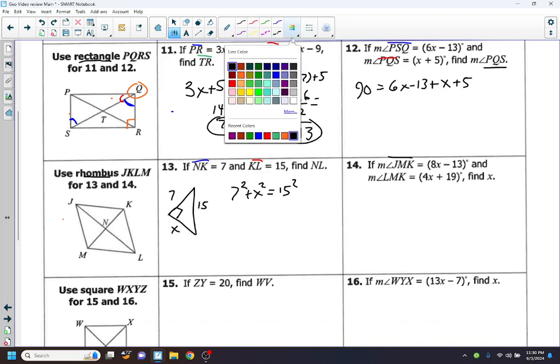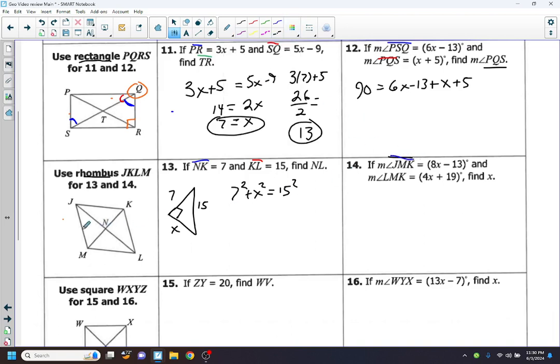If JMK, angle JMK, so this angle over here, is 8x minus 13, and LMK, so this angle over here, is 4x plus 19, find x.